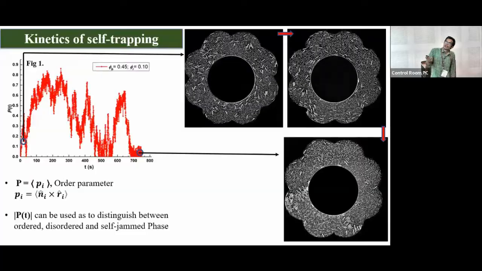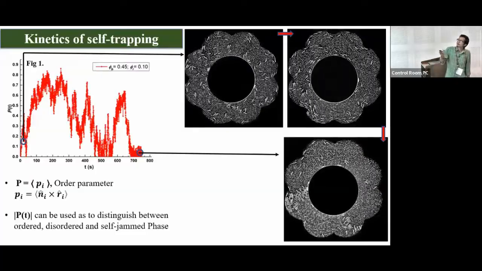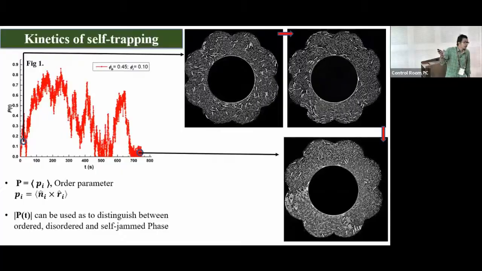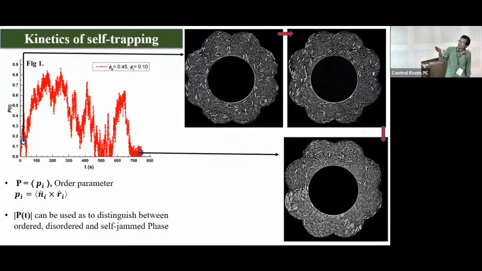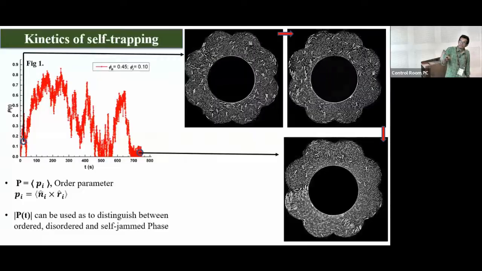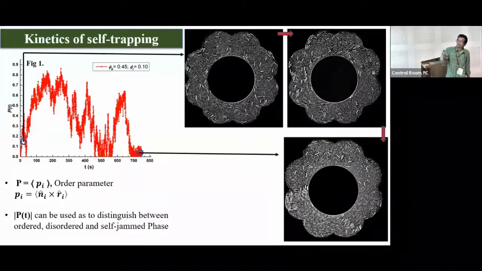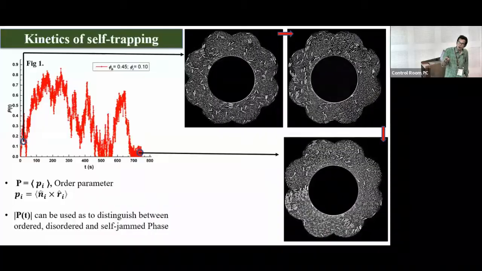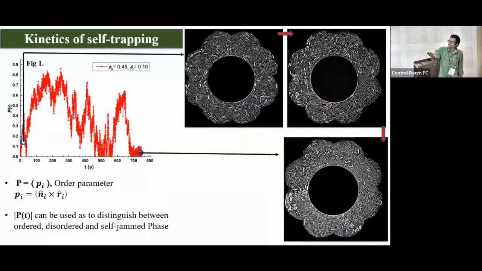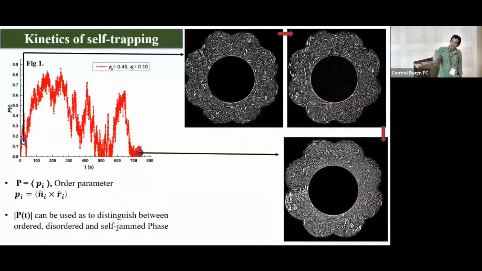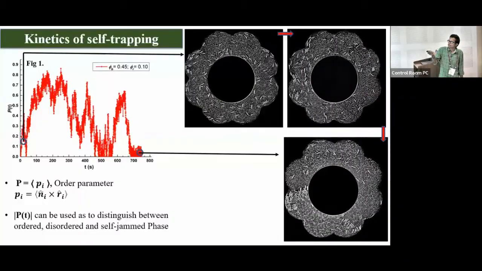To understand the kinetics of self-trapping, starting from a random phase, we get a transient flock, and after that we get self-trapping. The capital P is the order parameter, defined as the average over all rods of small pi, which is n_i cross r_i, where n_i is the direction of orientation of the rods and r_i is the position of the rods from the origin.